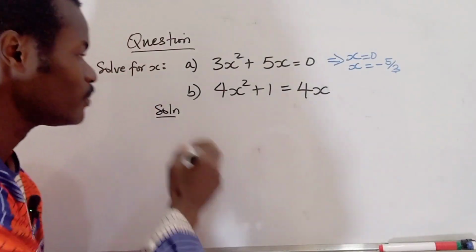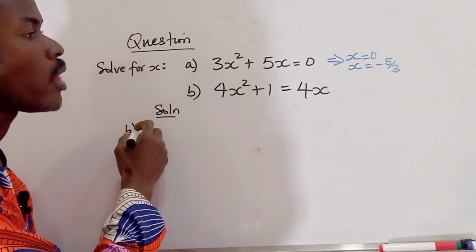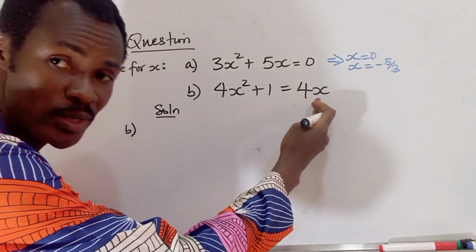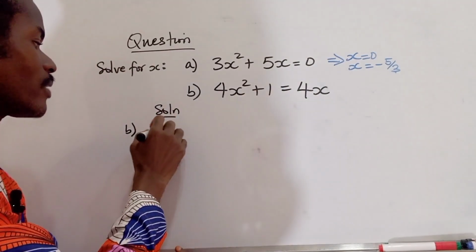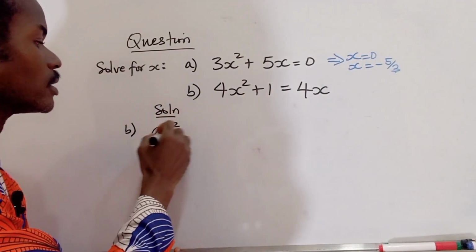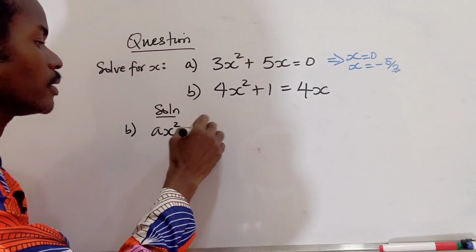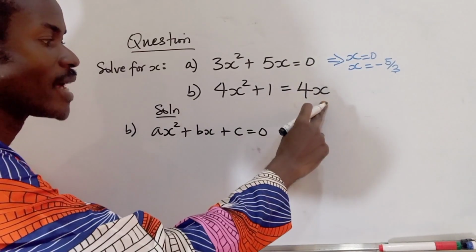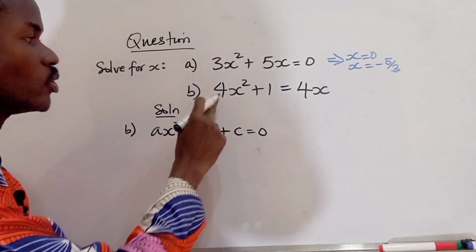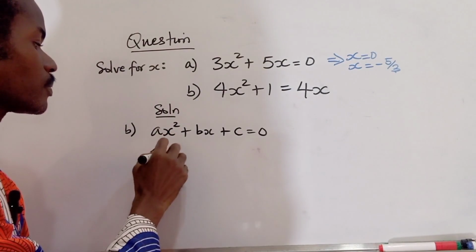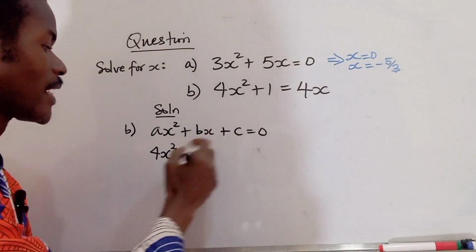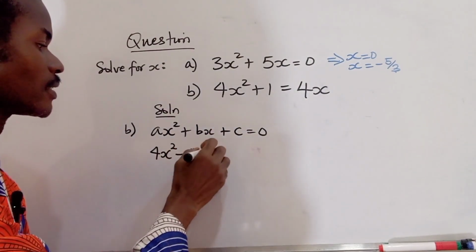Now for the second problem, B, we can rearrange it such that we make the right side become 0. Remember the general form of a quadratic equation is ax squared plus bx plus c is equal to 0. So we want to write all this in this form. So it's going to be 4x squared. Now I'm going to subtract this from both sides, so I have minus 4x.